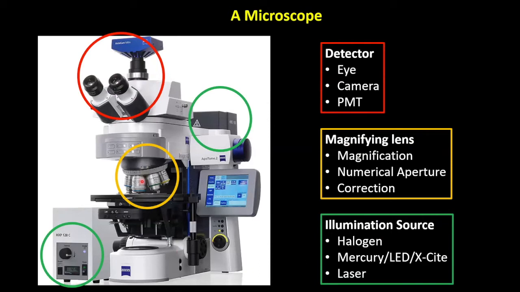You have the magnification, numerical aperture, and also corrections, and those are very important for the properties of the objective. And also you have the illumination source, for example, the halogen for bright field in the back in this green circle, and also the mercury, or the LED, which is becoming more popular right now, or the xenon, and also the lasers for confocal systems.